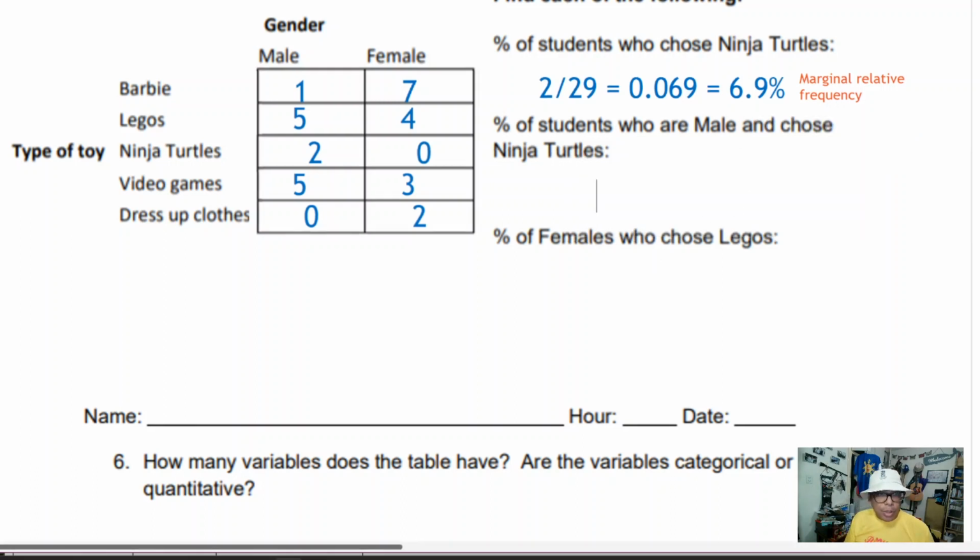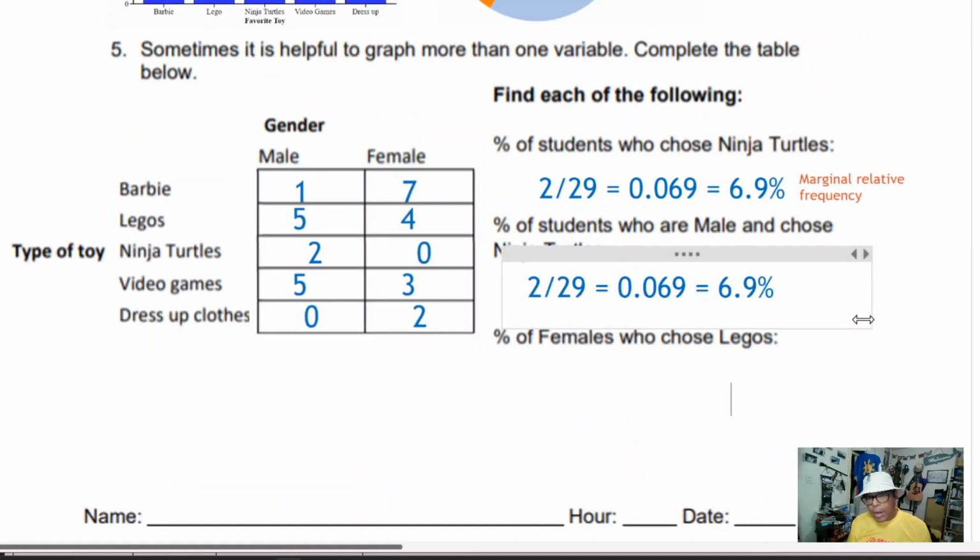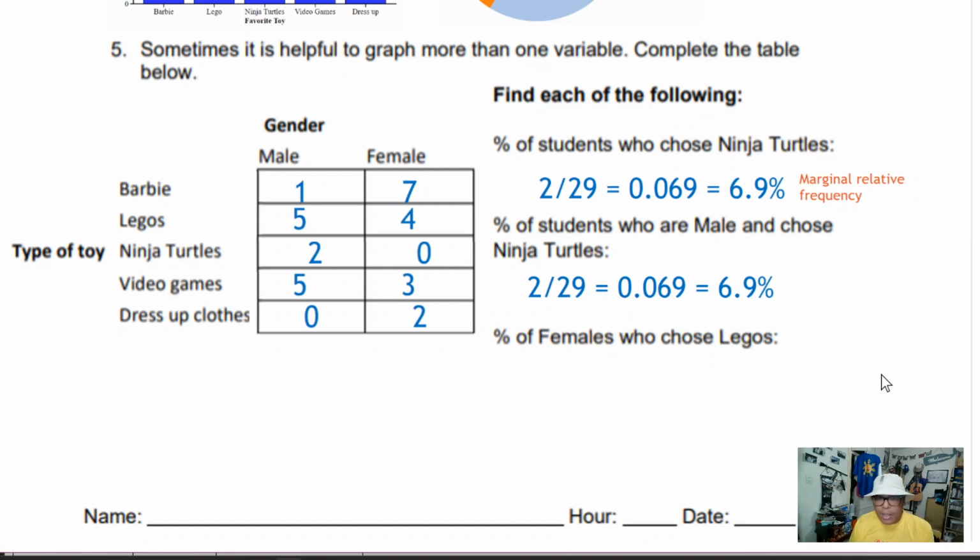Now the next thing we're going to do is find the percentage of students who are male and choose Ninja Turtles. So how many students are male and chose Ninja Turtles? That was 2. Now I know it's the same number as the previous exercise we just did, but that number really does come from a different place because it was the intersection of the male column and the Ninja Turtle column, which is just this single 2 right here.